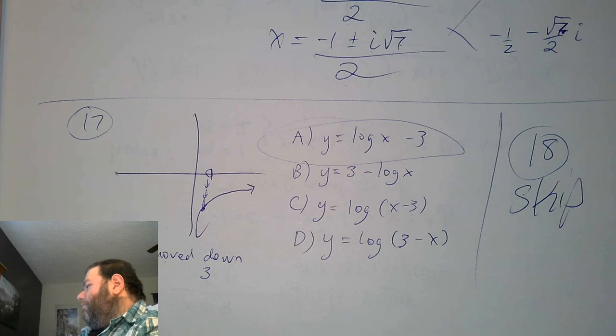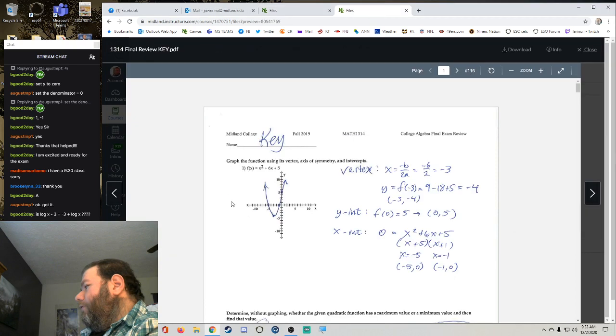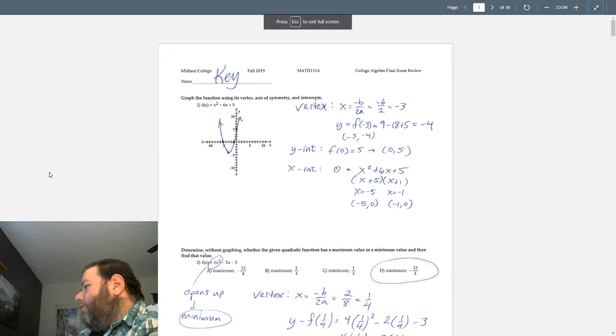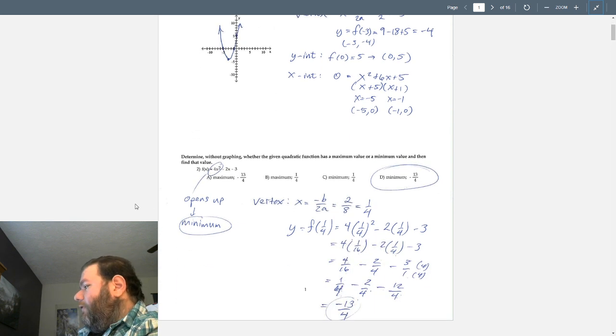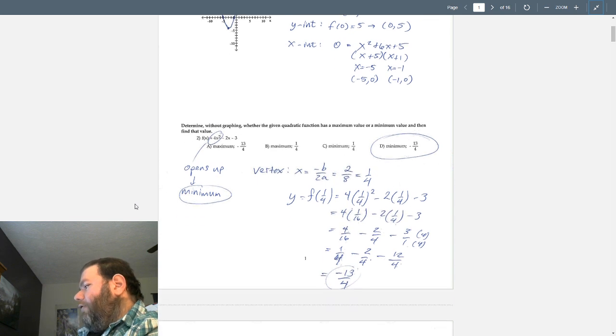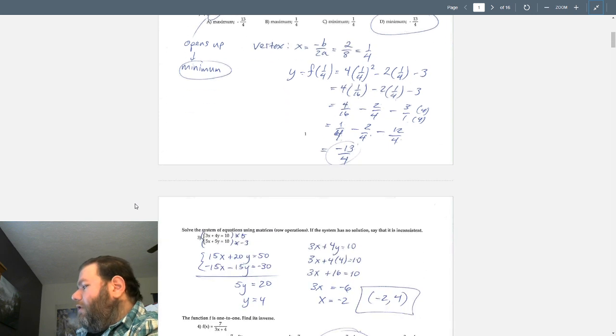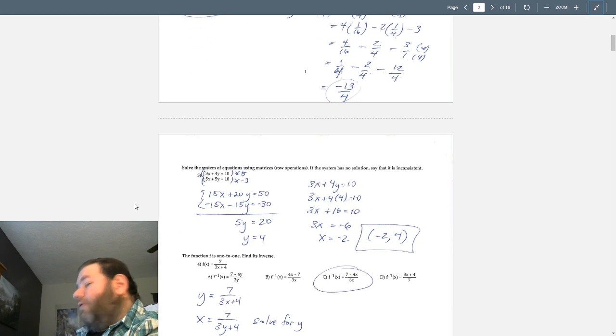Let me show you what I have for you, and I'll upload this to Canvas after. This is my key that I gave, I think it was last fall. And so what I've done is for each of these problems I've written out my solutions and tried to be as descriptive as possible, and if there's anything that we didn't go over that you still want to see, take a look at this.